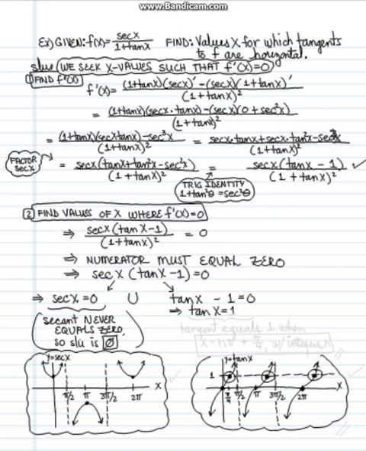So the tan x minus 1 equals 0. That means tan x has to equal 1. We'll look at the graph. Tan equals 1 when x is equal to integer multiples of pi plus pi over 4.